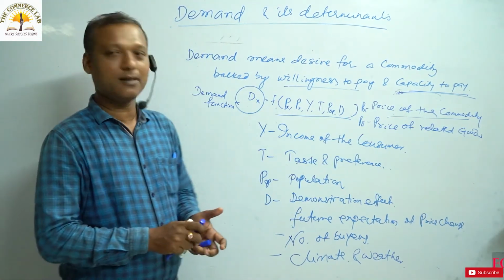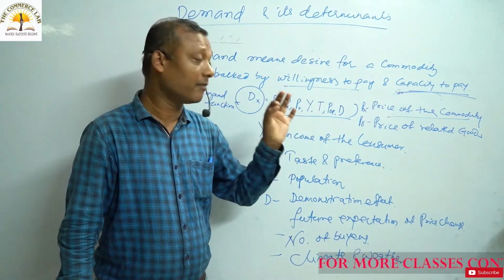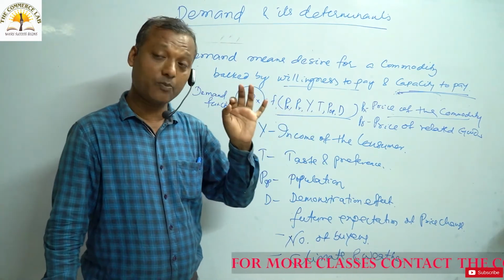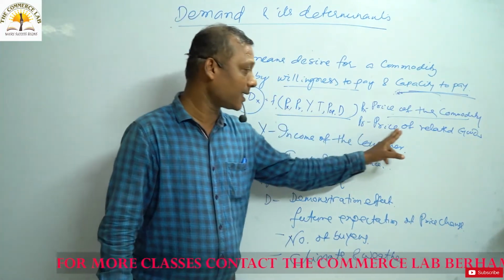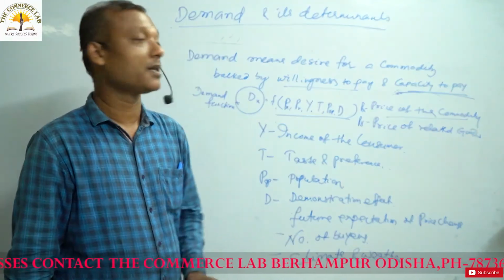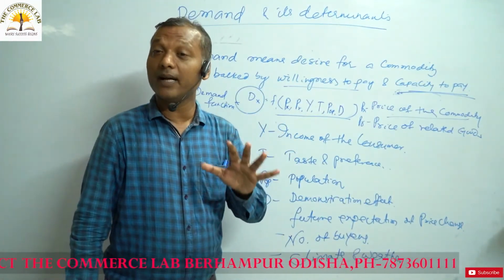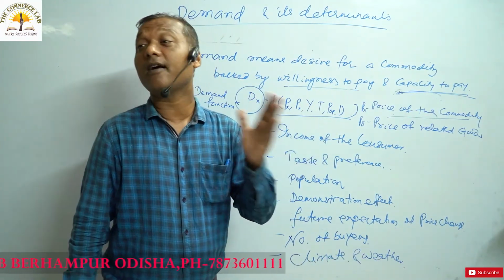And I told you about the relation of the price of the commodity, a very interesting point I'm telling you. While you are studying the price of related goods, you should clearly remember that here you are comparing the price of the commodity with the quantity of another commodity.